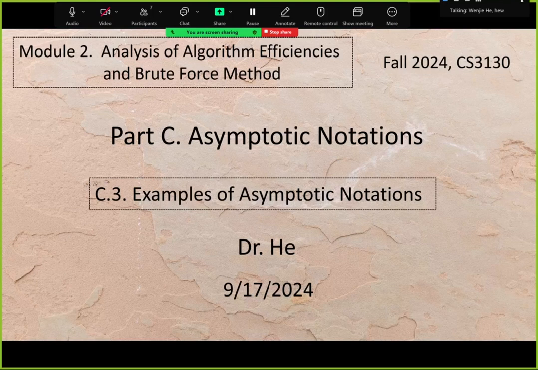Next, let's do several examples to improve our understanding of the asymptotic notations. Also, we need to derive a few important results. In our homework questions, I will give you a few questions using the results we derived here.